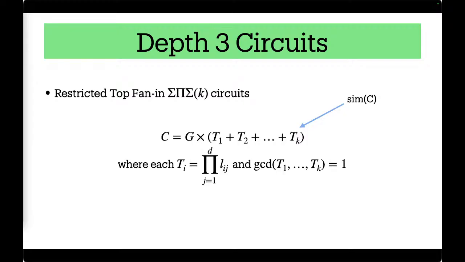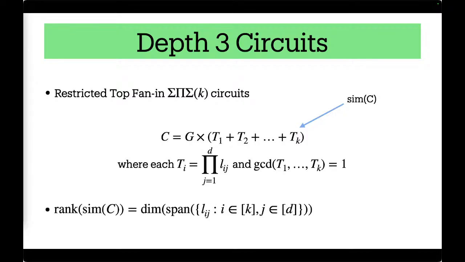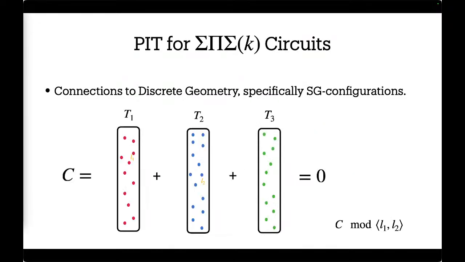And a quantity that we would care a lot about is the rank of the circuit. I think Rafael talked about it a bunch as well, but just in case you missed it, you look at all the linear forms in all the gates that are in the simple part, and then you consider the space they are spanning, and the dimension of that space is the rank of your circuit. This is a very important quantity for depth 3 circuits, and we'll see why in a minute.